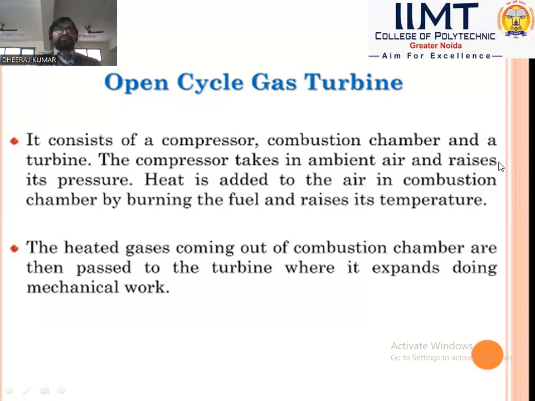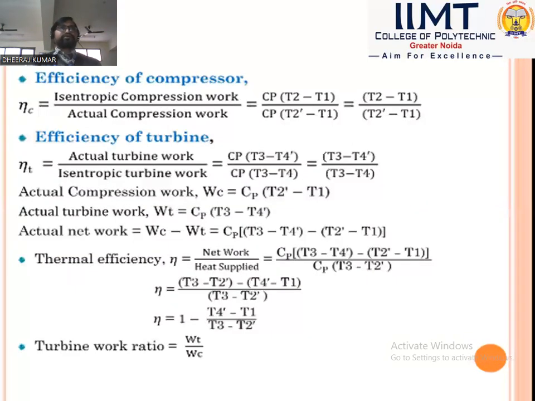The hot gas coming out of the combustion chamber then passes to a turbine where it expands and produces mechanical work. Now the efficiency of the compressor: compressor efficiency is defined as isentropic work upon actual work.